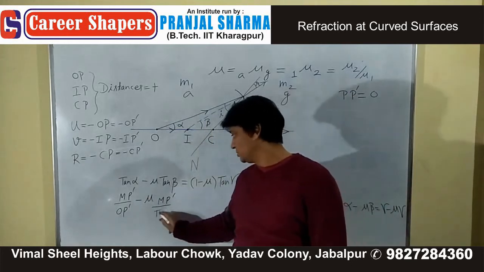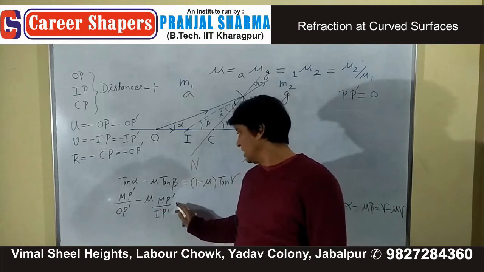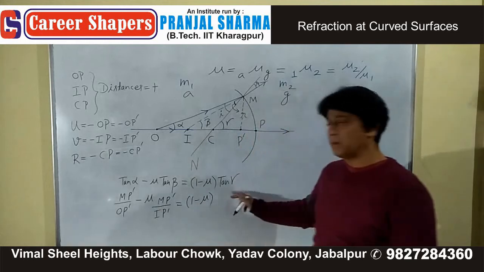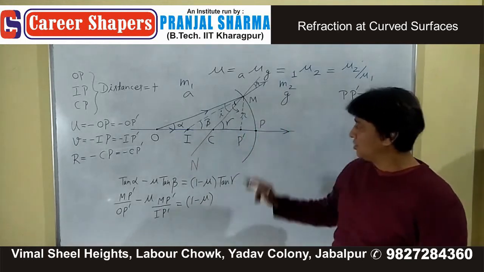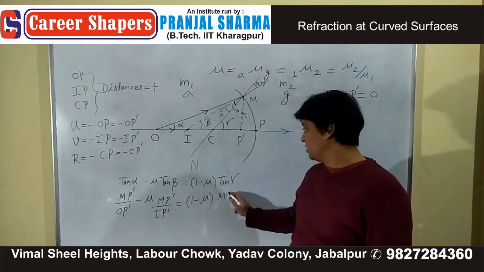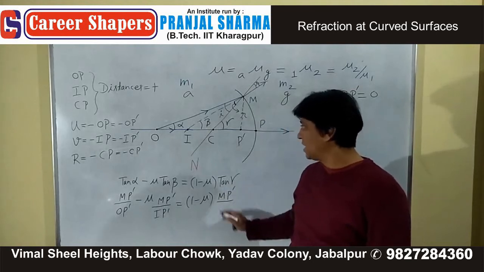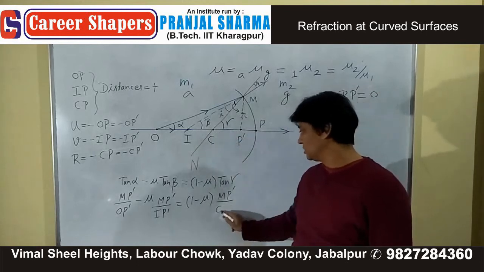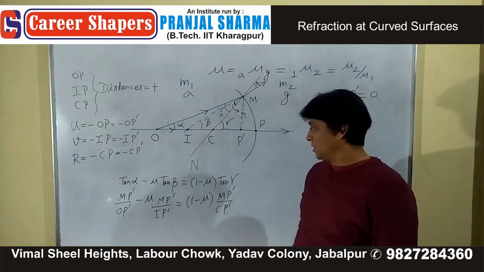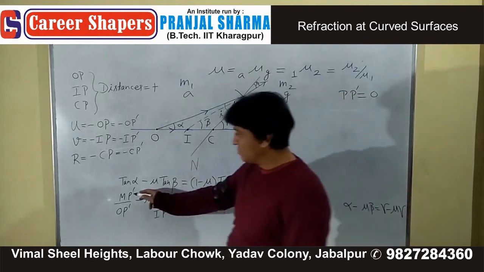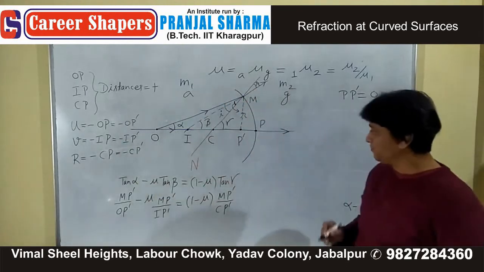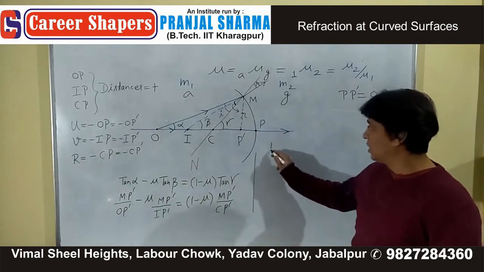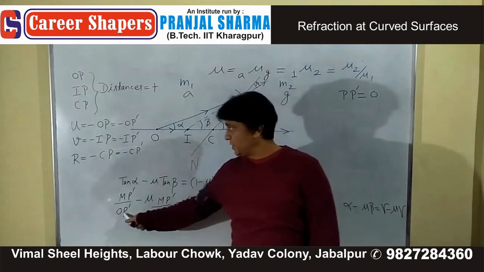That's your IP dash equals to 1 minus mu multiplied by tan of gamma. Tan of gamma is coming MP dash divided by CP dash. NP dash, NP dash, all these things get cancelled, and finally, this becomes 1 upon OP dash.